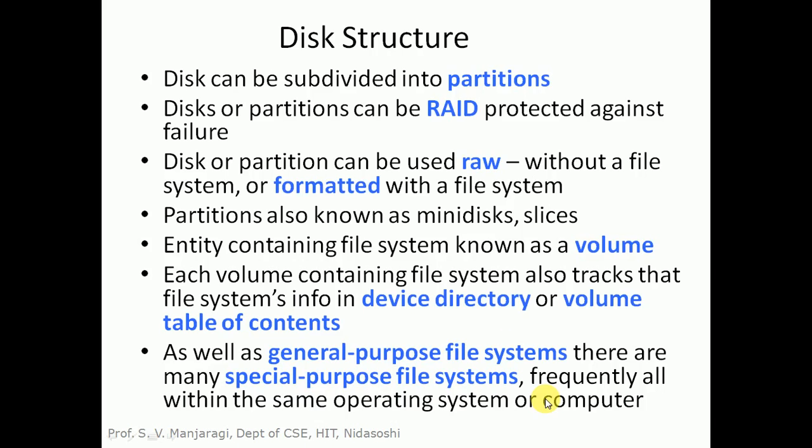Now let us see what the disk structure is, how the disk will be structured. Usually we know that the hard disk or magnetic disk will be divided into a number of partitions. In the Windows operating system, we have different partitions named C drive, D drive, E drive, F drive, and so on.